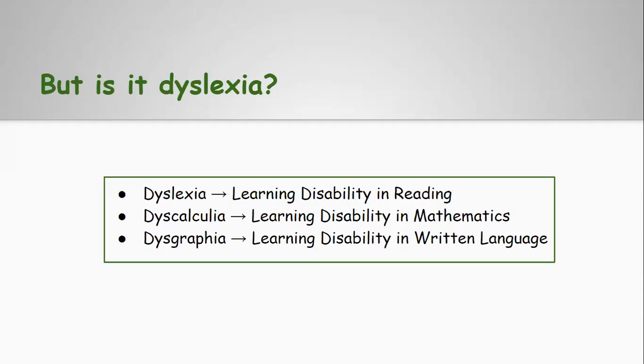Now, what we know from all of the research over the past 5 decades or so is that only a small percentage of students have dyslexia in terms of having an underlying processing deficit in that visual area.